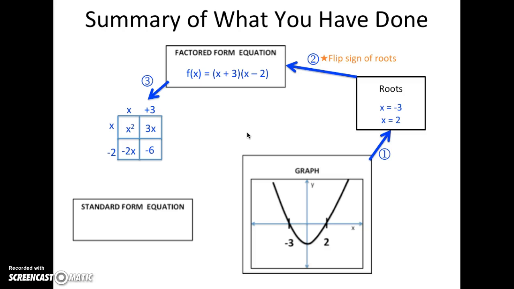Once we have that all multiplied out, we combine like terms, and that's going to give us the standard form equation once we set it equal to f of x. For this example, we get f of x equals x squared plus x minus 6. This equation matches our graph here.